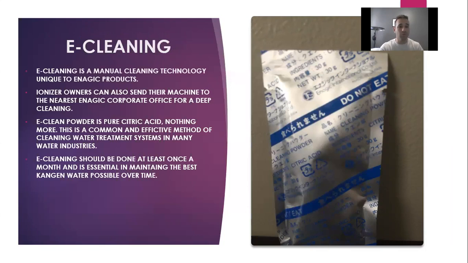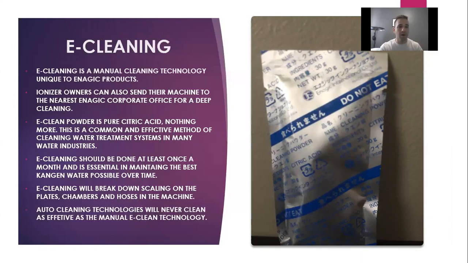E-cleaning should be done at least once a month and is essential in maintaining the best Kangen water possible over time. E-cleaning will break down scaling on the plates, chambers, and hoses in the machine. Auto cleaning technologies will never clean as effectively as the manual e-clean technology.